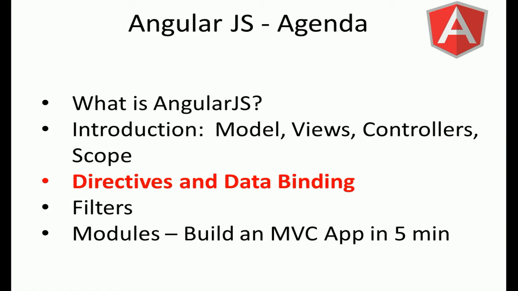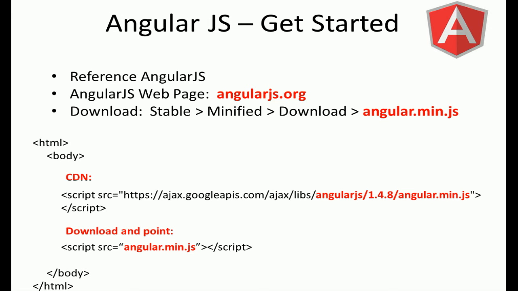Now that we have an understanding of the MVC framework, I would like to elaborate on directives and introduce the topic of data binding in Angular. In order to write our first Angular application, including directives, it is necessary to reference the Angular library.